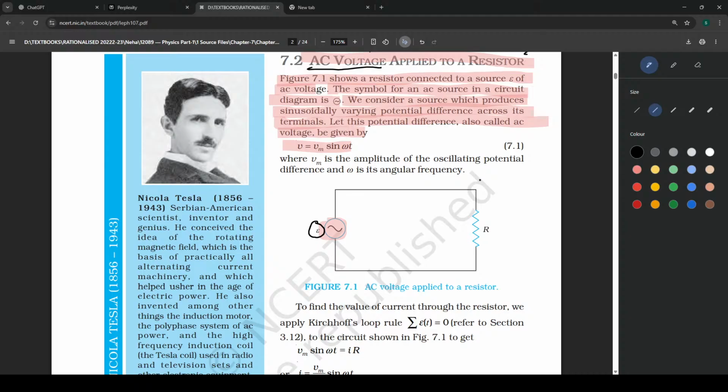From that derivation we got this one. This is basically the voltage produced in an AC generator formula, same formula, but there we got current. But if we multiply with resistance, we will get V equals Vm sine omega t, where Vm is the peak voltage or the amplitude of the oscillating potential difference.